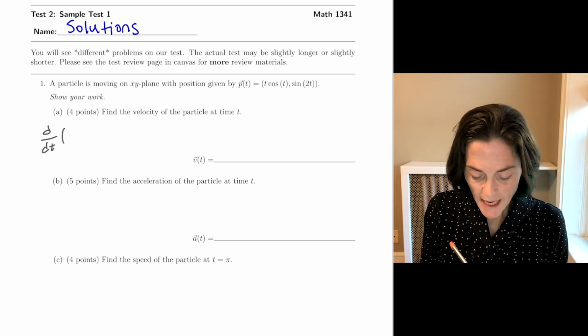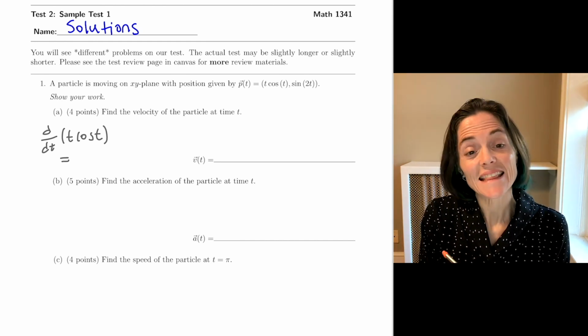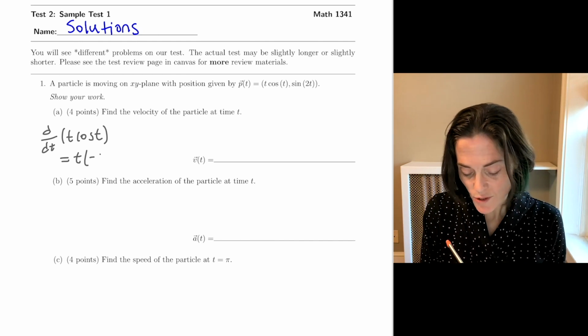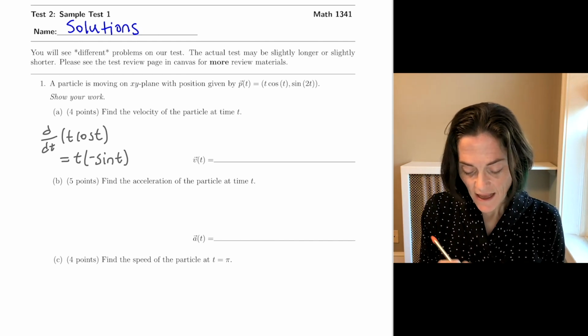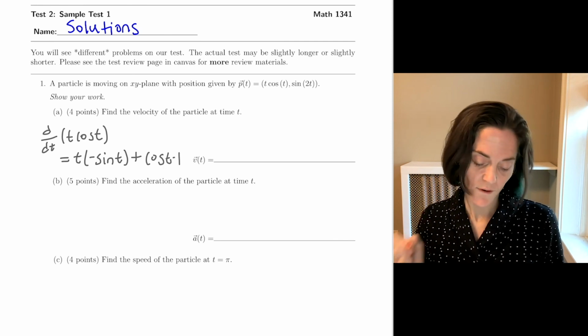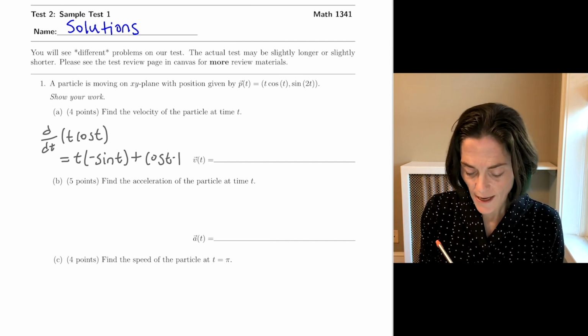So if we differentiate t cosine t, this will be, as I said, product rule. We have first times derivative of the second, and then plus the second times derivative of the first, like this. So now let's just write our answer.